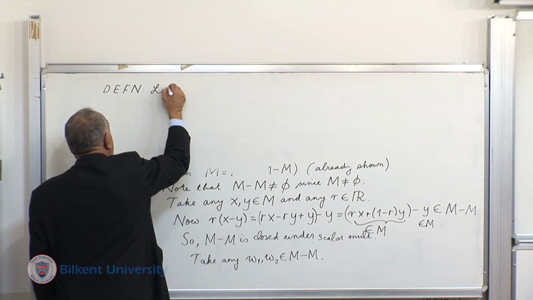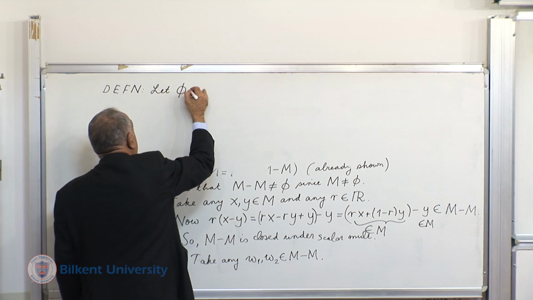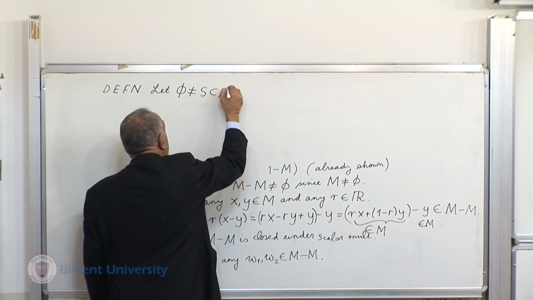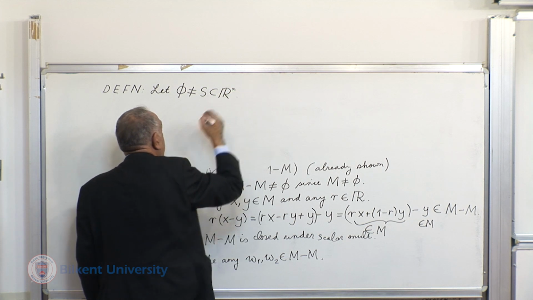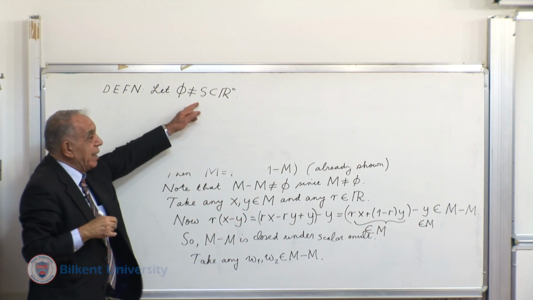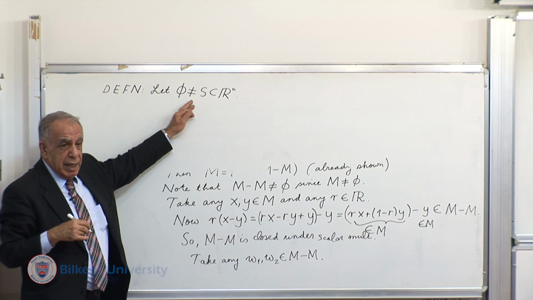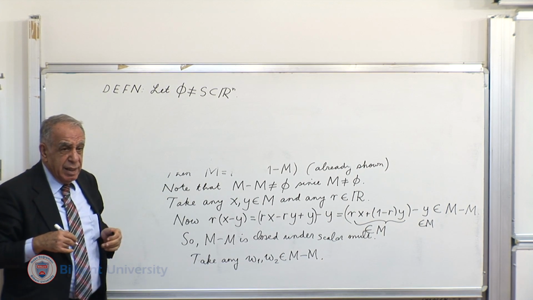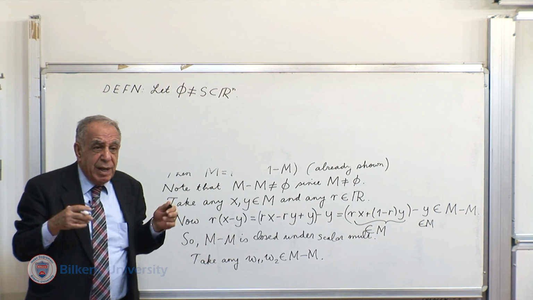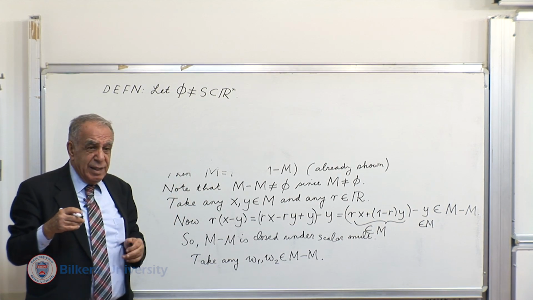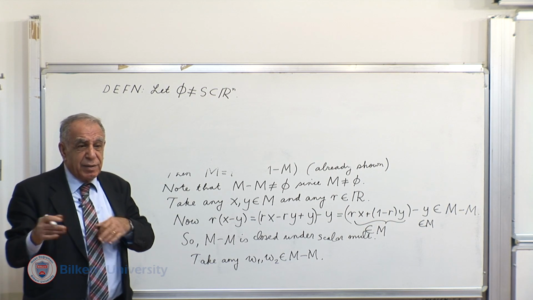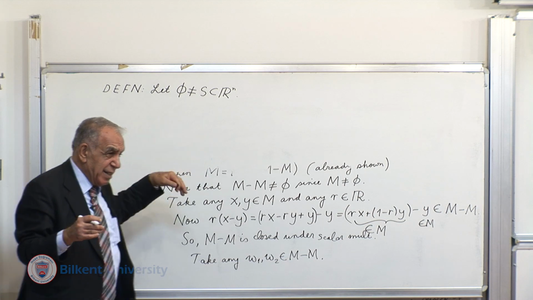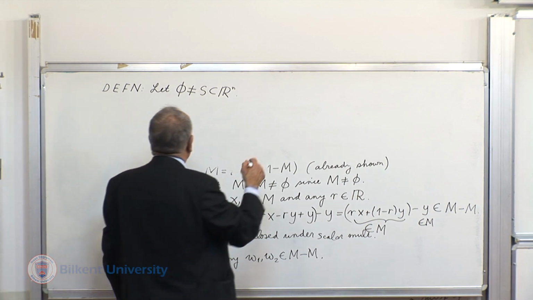Now here we take S to be a non-empty set, because if you take S as the empty set, any affine subspace in Rn will contain that. Well, the intersection of them will be empty, but we did not consider the empty set as an affine subspace.